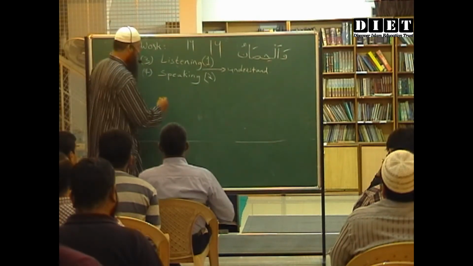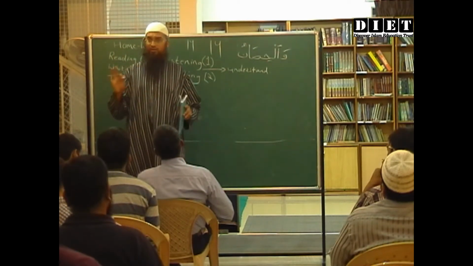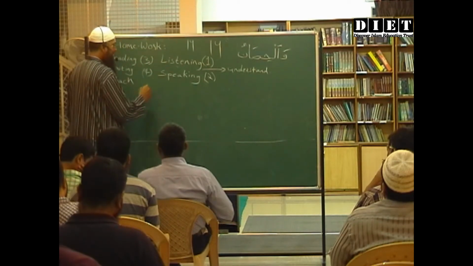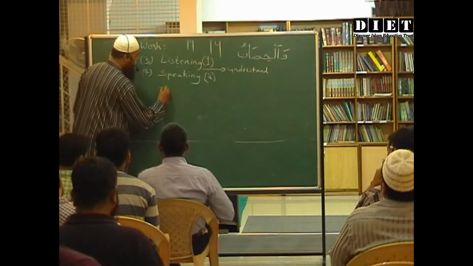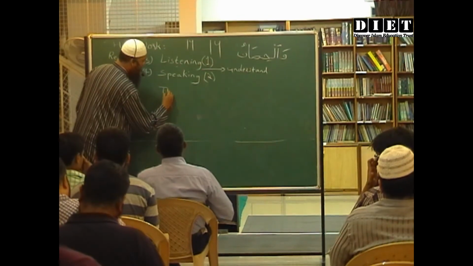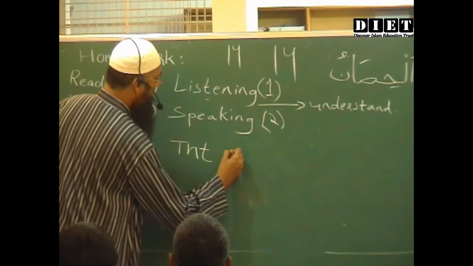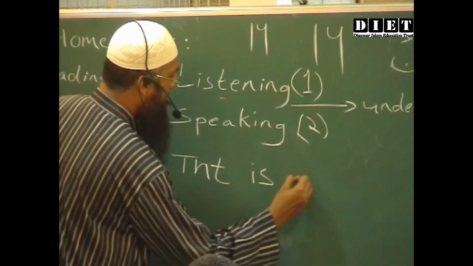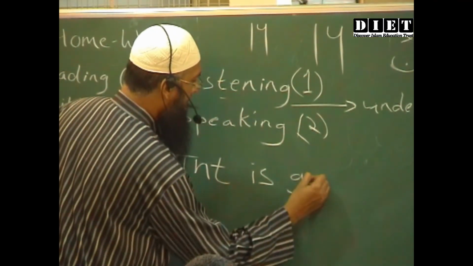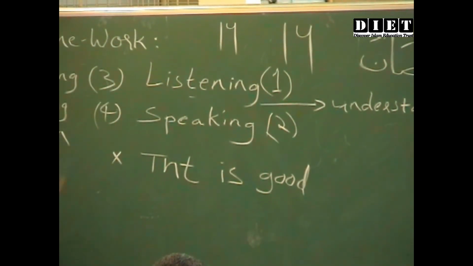Okay, now I want to give you something. You all know English well, isn't it? Is there anyone who's struggling with English? All of you can read and write. Read this. That is good.